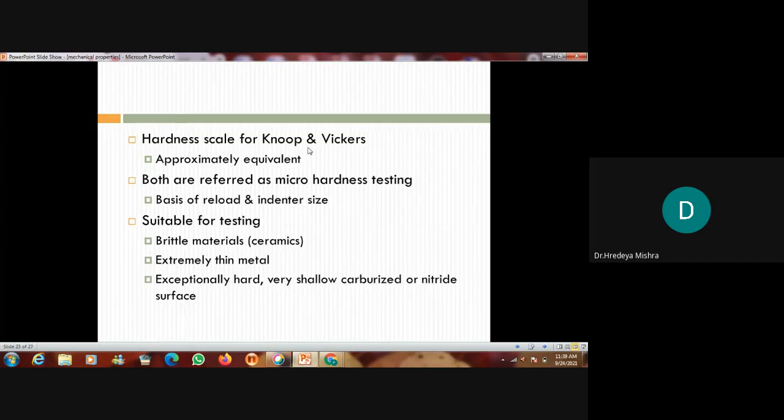The basic difference is in the load and indenter size. The indenter shape is the same: we use a pyramid indenter for both the Vickers and the Knoop hardness test, but the size is different.